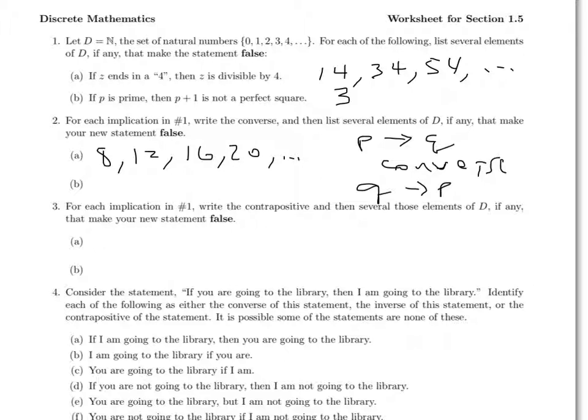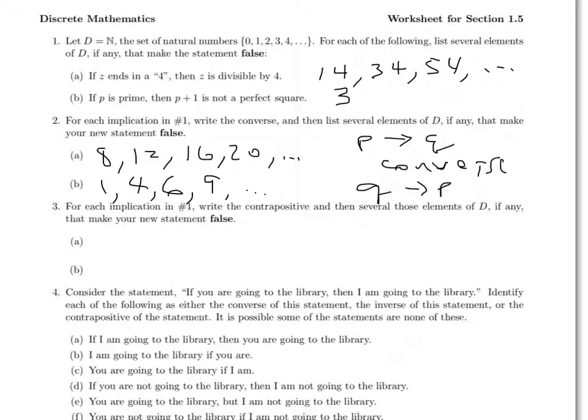If you write that out first in words and ask yourself what are the counterexamples to that, you'll come up with numbers like 1. 1 plus 1 is not a perfect square, but 1 is not prime. 4 is another counterexample. 4 plus 1 is not a perfect square, and 4 is not prime. And then a few more you can see on the worksheet solutions I wrote out, the first few things that are counterexamples to that statement.